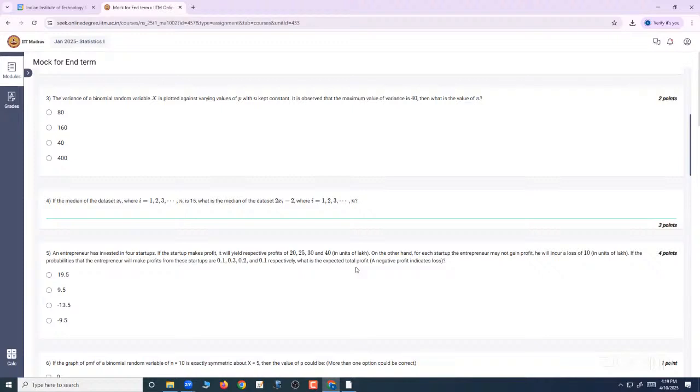There are 4 startups, so basically this is x1, x2, x3, and x4. You have to calculate for x1, x2, x3, x4, then add them, right? Yes, ma'am. So solve it and tell me the answer.